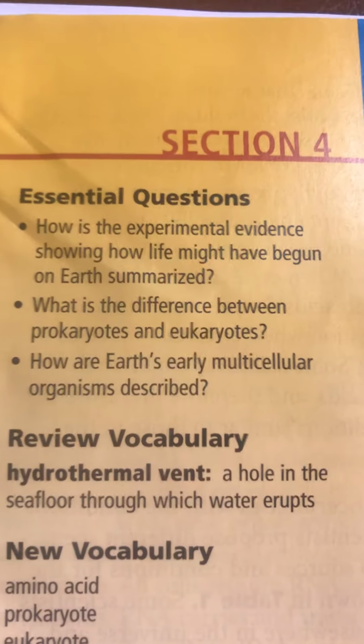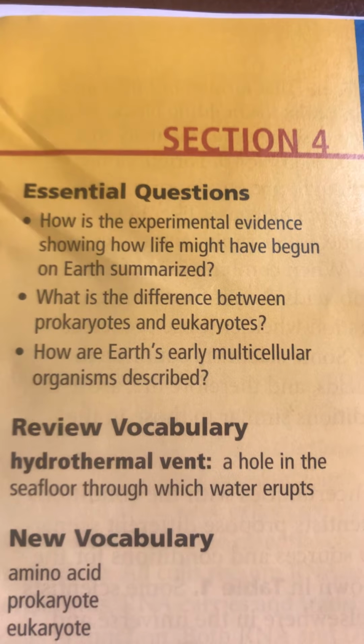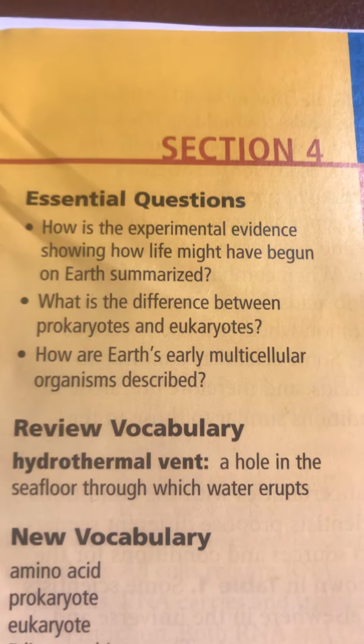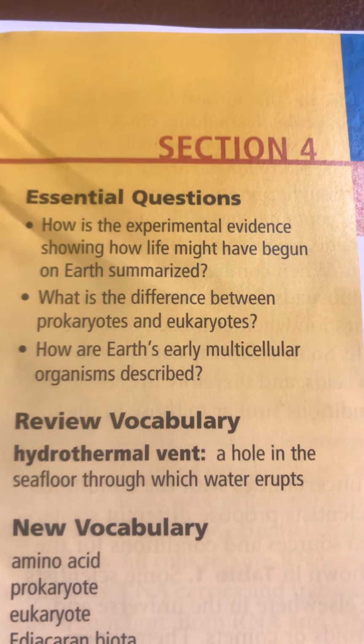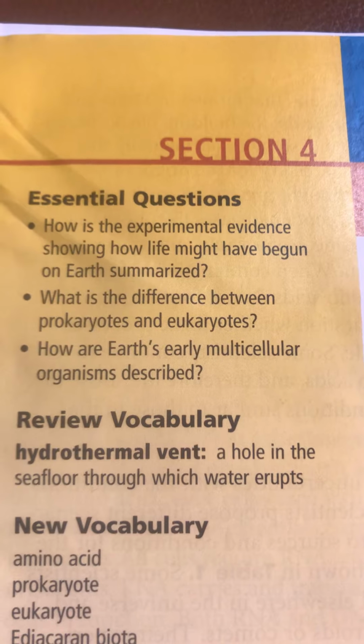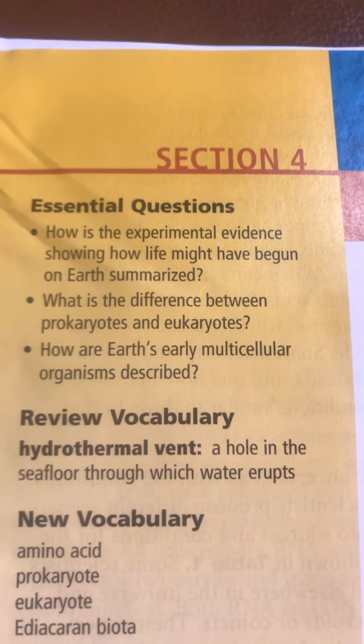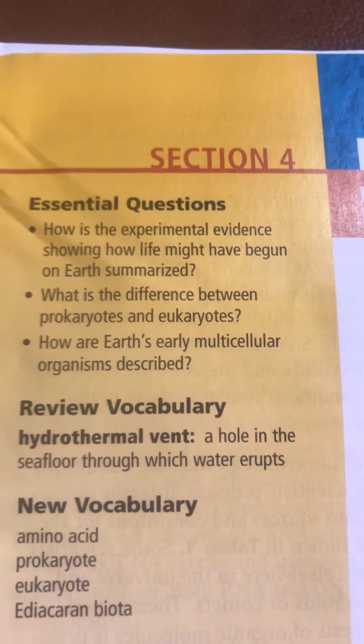And then on to section 4. Section 4 is going to deal with how the experimental evidence showing how life might have begun on Earth is summarized. And then you're going to talk about some of the multicellular organisms.